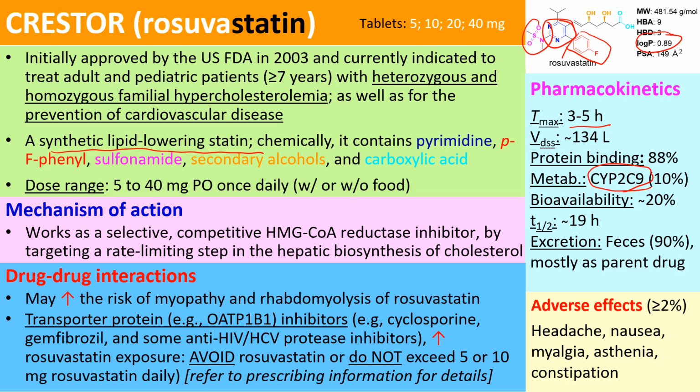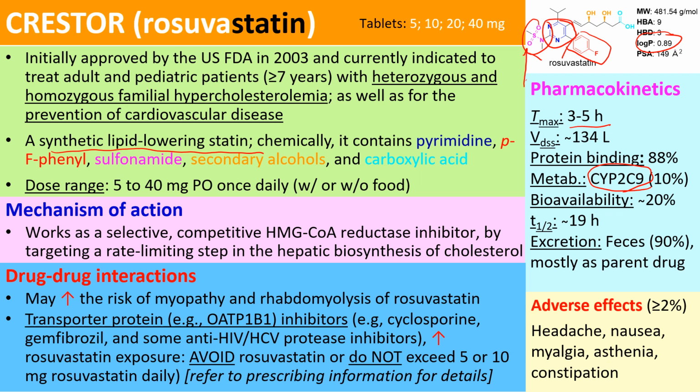Excretion is in the feces, about 90%, mostly as the parent drug molecule. Drug-drug interactions may increase the risk of myopathy and rhabdomyolysis for rosuvastatin. Given rosuvastatin is a substrate of CYP2C9 and also of transporter proteins, if patients take transporter protein inhibitors, for example OATP1B1 inhibitors like cyclosporine and gemfibrozil, and also some other anti-HIV and HCV protease inhibitors, or CYP2C9 inhibitors, this would increase the drug exposure for rosuvastatin.